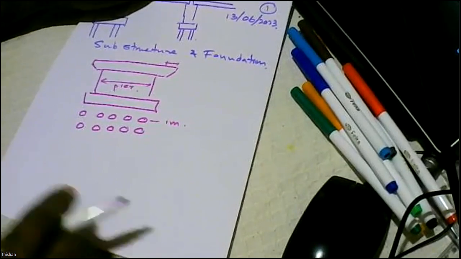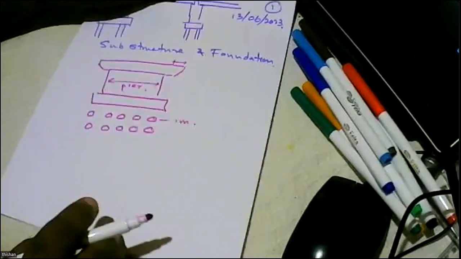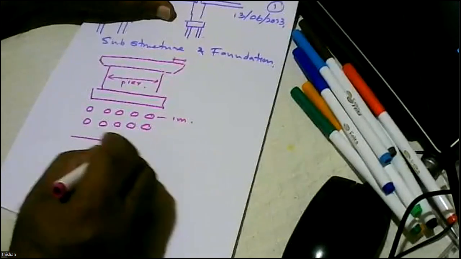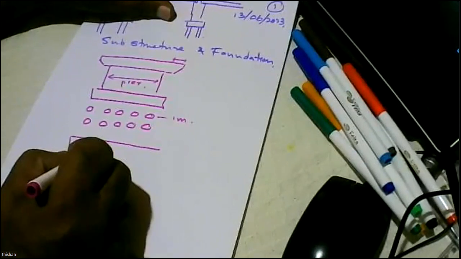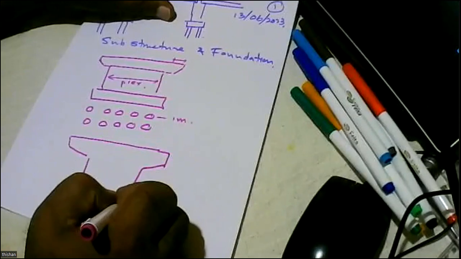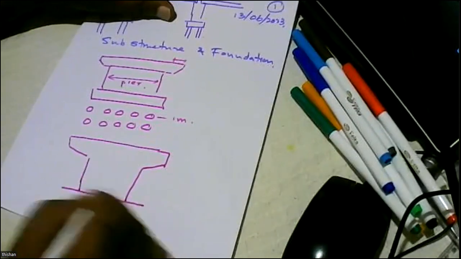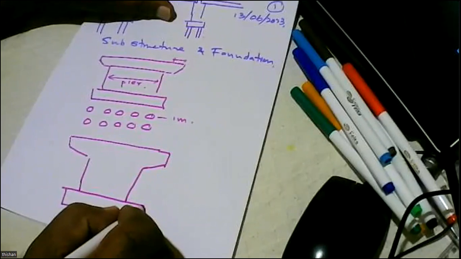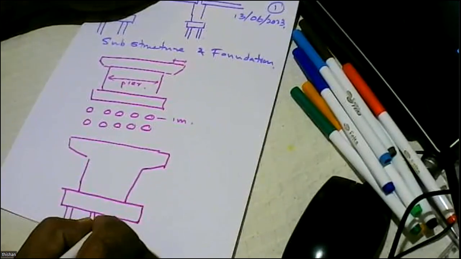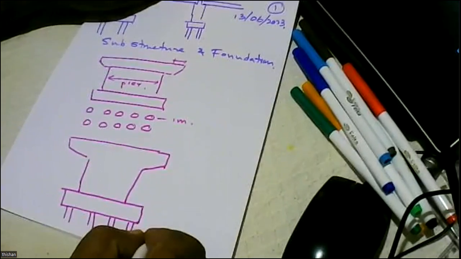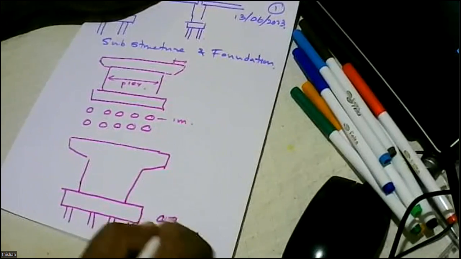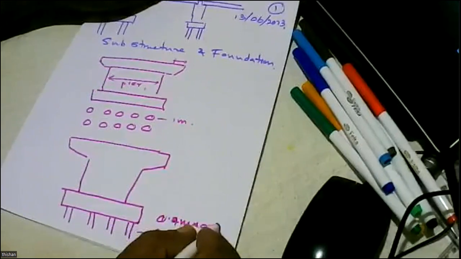Then I can also relate the story of Southern Highway, which also had similar bridge piers, with a shape like this, also on pile foundations. But in Southern Highway they have used precast piles, 0.4 meter by 0.4 meter.